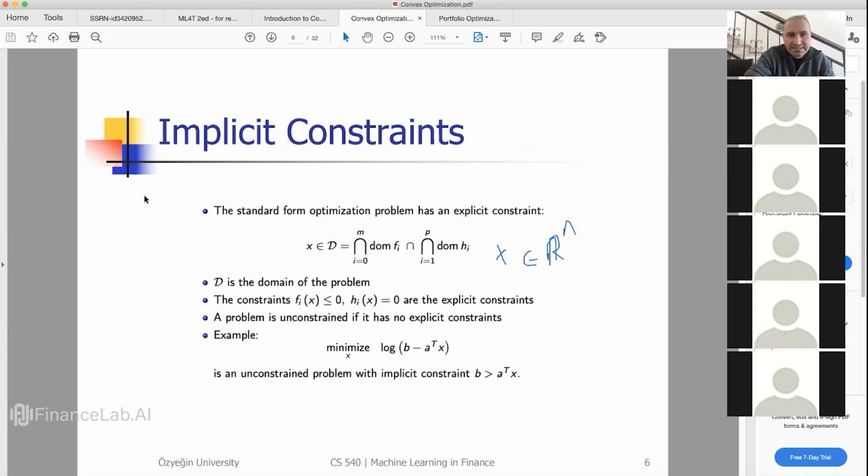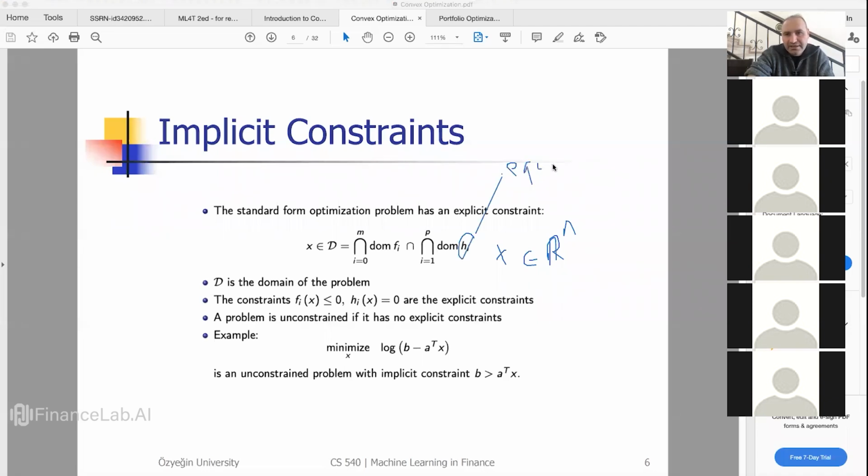So in the standard form of optimization problem, we have explicit constraints. The domain of feasibility is the domain of the constraints fi, which are the inequality constraints, and the intersection of the constraints hi, which are the equality constraints.